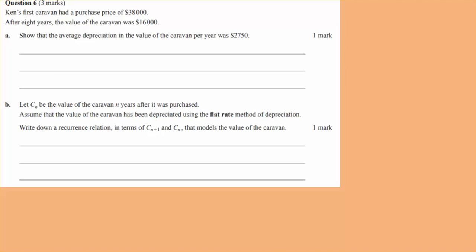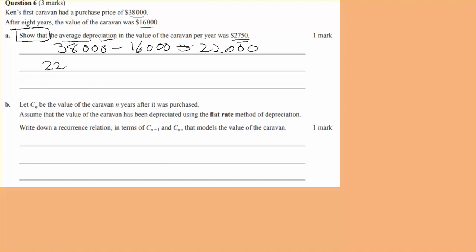Ken's first caravan had a purchase price of 38,000. After 8 years, the value of the caravan was 16,000. Show that the average depreciation in the value of the caravan was 2,750. So we're talking about flat rate average, and it's a show that question. So we have to work out how much it depreciated. 38,000 minus 16,000 equals 22,000, and this was over 8 years.